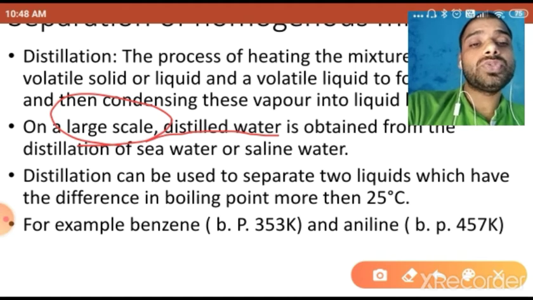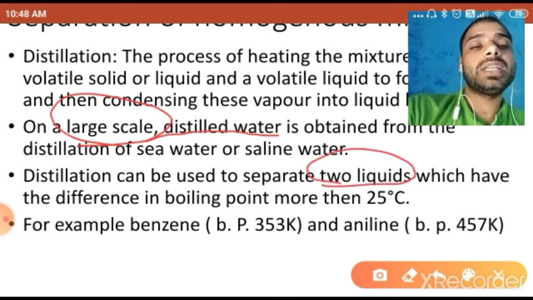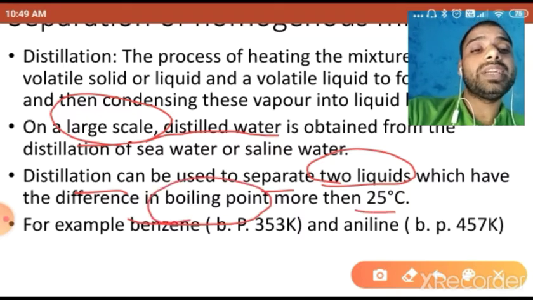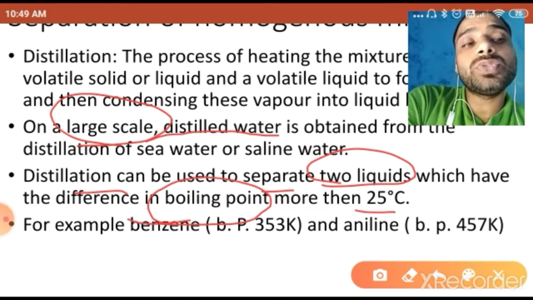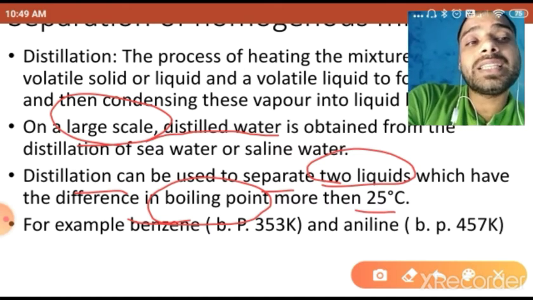Now you can see where distillation can be used. Distillation can be used to separate two liquids, or three liquids, but I have taken only two liquids. You have to understand that the difference in boiling points must be more than 25 degrees C. If the difference in boiling point is more than 25 degrees C, then we can use distillation.